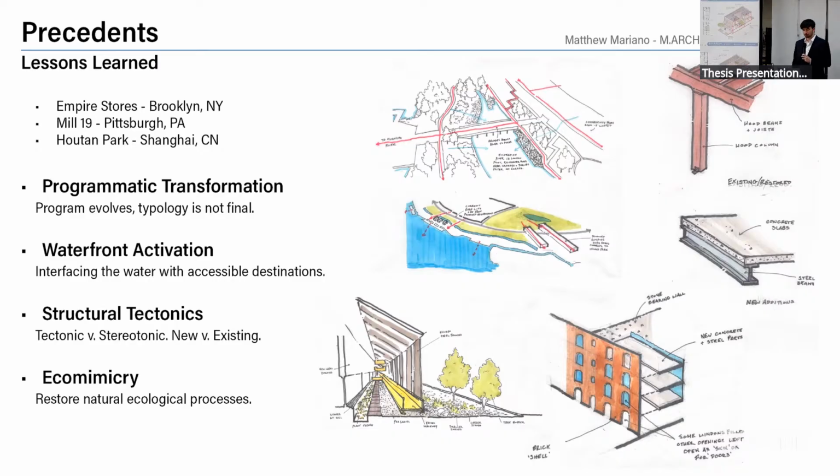Another thing discussed was structural tectonics, which looked into new versus old structural systems and the distinction between them. Often there's the existing structure being one element and then a secondary new structure being added for new programming and new function in these buildings.